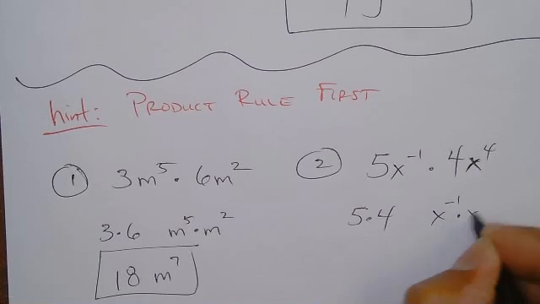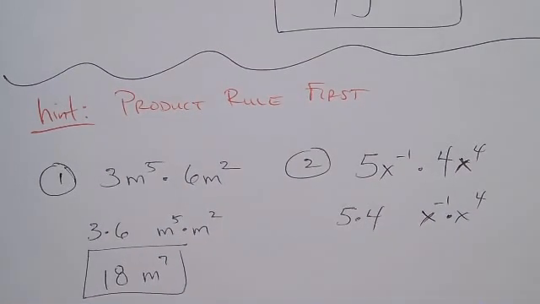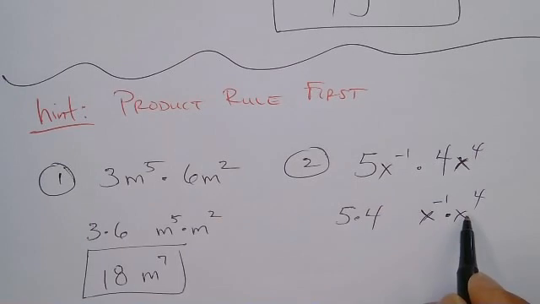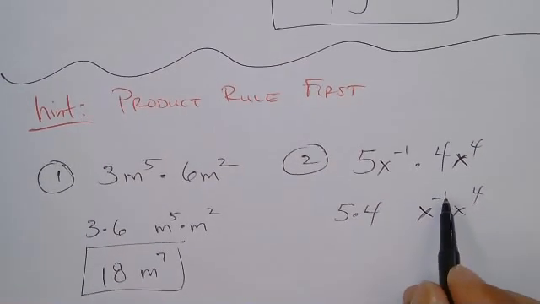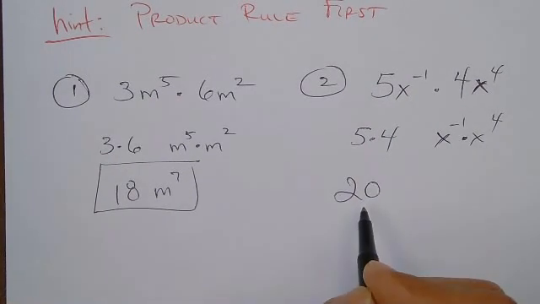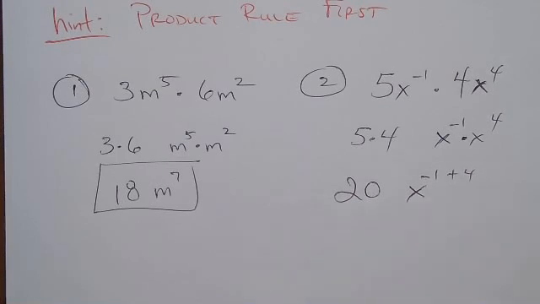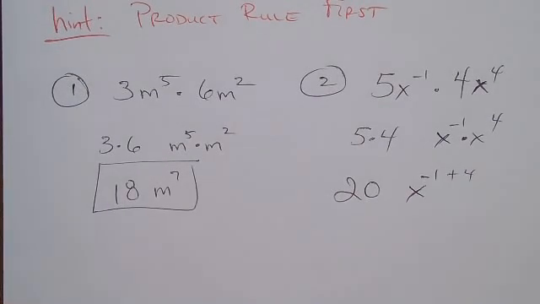And that would be 5 times 4. Okay, organize it. 5 times 4 is that. And then this is x negative 1 and x positive 4. What is the rule? The rule is to add this, right? What happens when you add a negative 1 plus 4? I know 5 times 4 is 20. I'm not worried about that.